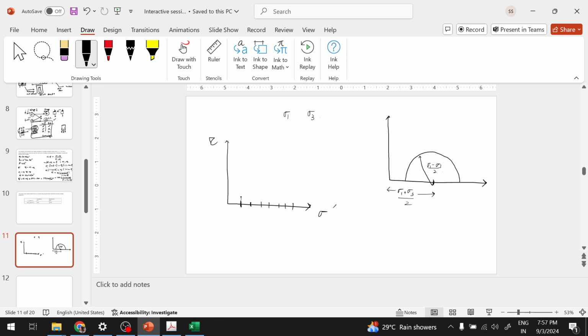For me to draw the circle, I need to calculate this, isn't it? And what is it that I already know? I know this thing, I know this thing. So how do I calculate this?